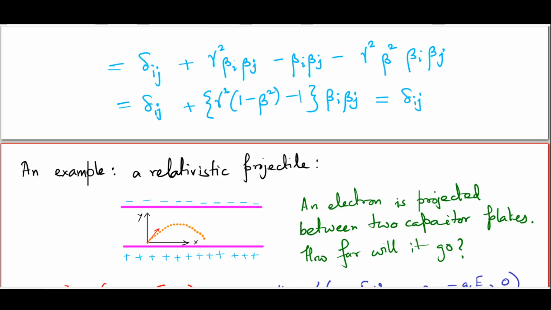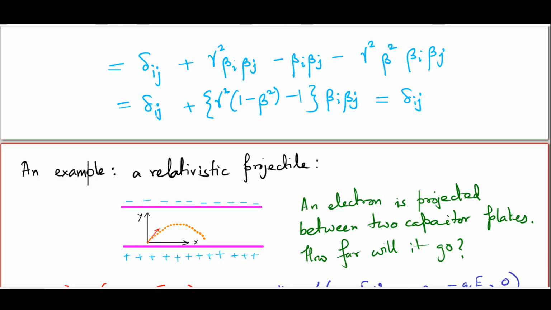The questions that we can ask are: how high will the electron travel between the plates? How long will it travel for? How far will it go? And so on. These are all standard questions that we are used to asking for projectile motion.